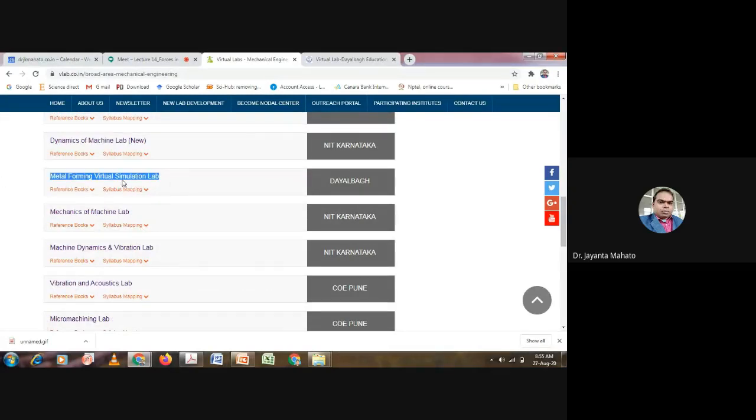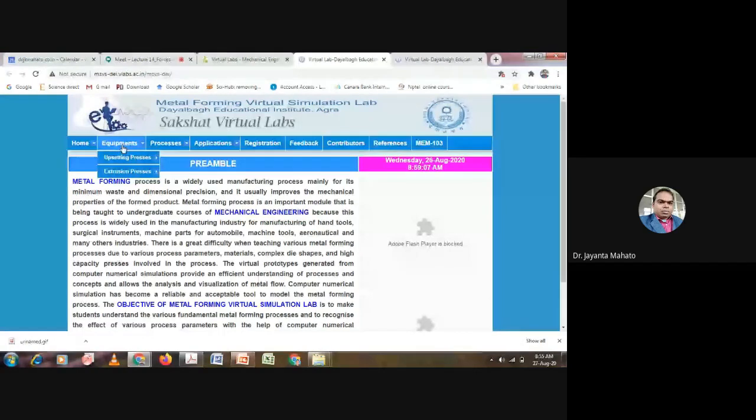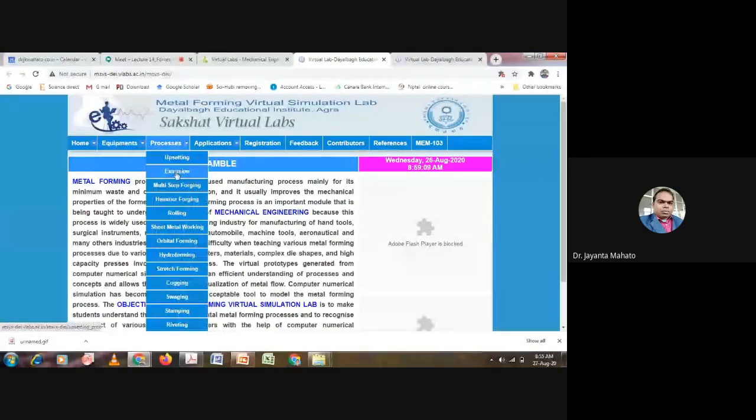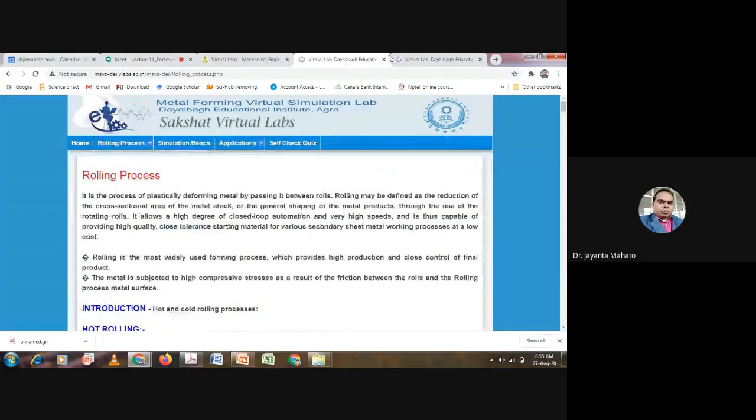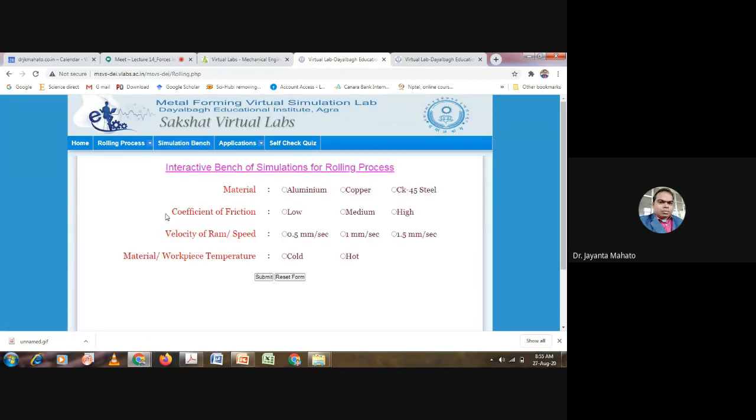By opening this link, you will get different forging operations. There is one forging operation, this is the rolling. Some introduction about the rolling process is given. Now we open the simulation.